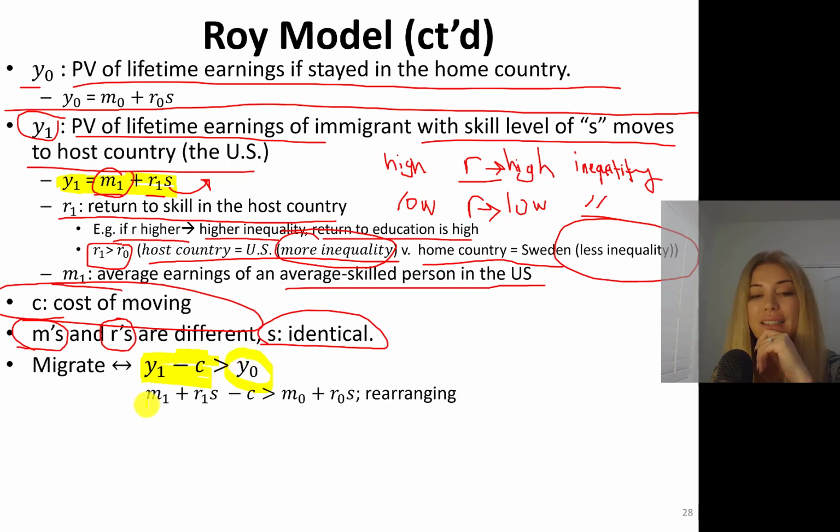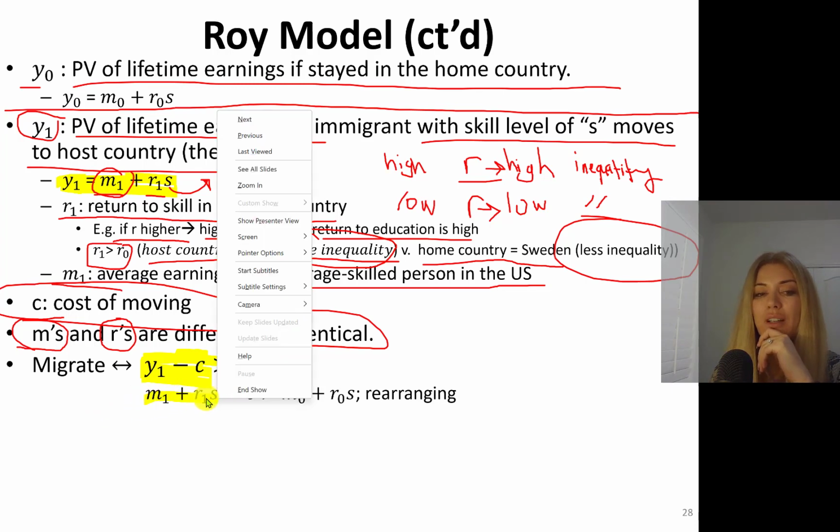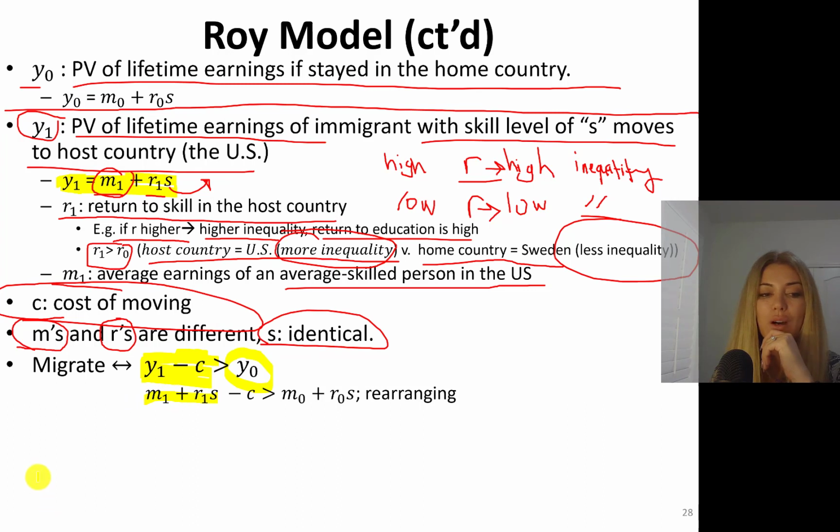So if we plug in the formula, M1 plus R1S, this is Y1. We're just plugging in the formulas. Y1, M1 plus R1S minus C, greater than Y0, M0 plus R0S. This came from here.